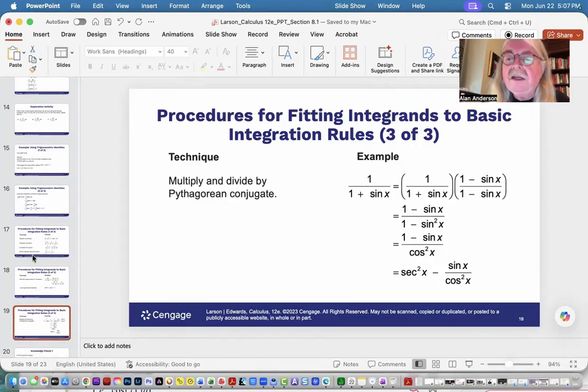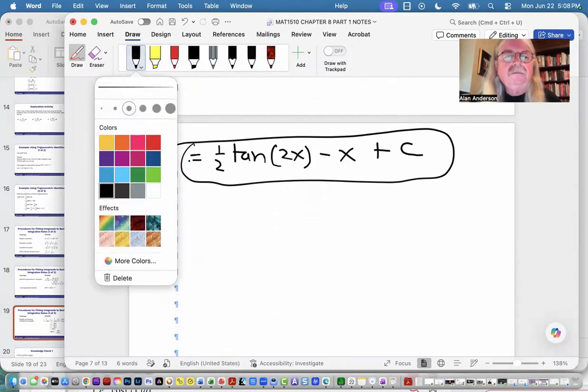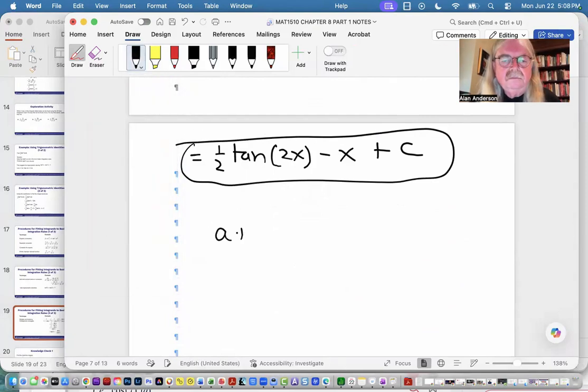Anyway, now here's another case. Who would think to do something like this? You notice they're using the word Pythagorean conjugate. The word conjugate generally means you've got something like this going on. You might remember from your travels that if you had two complex numbers which are only different by the sign, they're referred to as complex conjugates.